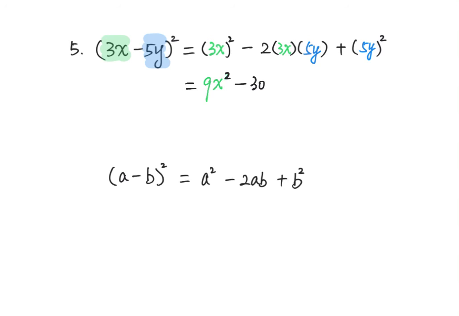So we also have times x times y, plus 5 squared, which is 25, y squared is y squared. So 9x squared minus 30xy plus 25y squared. No like terms here, so this is the final answer.